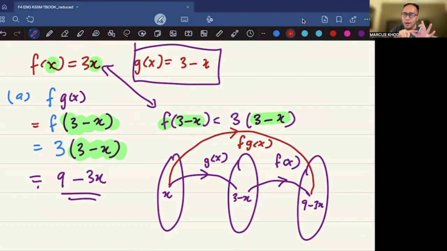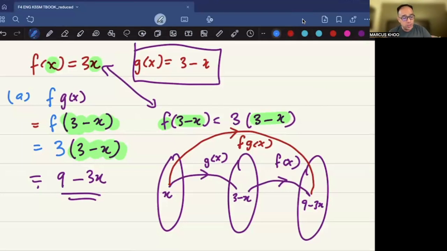But if you understand how this mapping works, trust me, this chapter will be very easy. Please take some time. If you don't understand what I just said, rewind and understand how this mapping works. The object becomes the image, and then the image becomes the object to become the second image. Sorry, I think I better stop talking. The more I talk, the worse it seems to be.